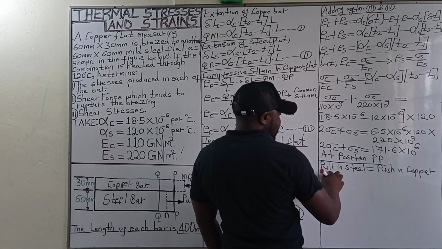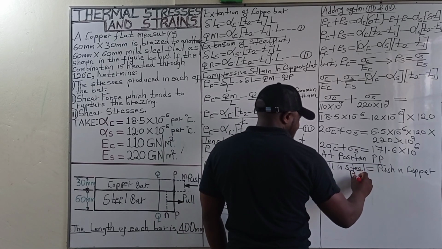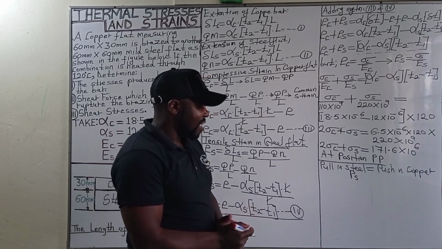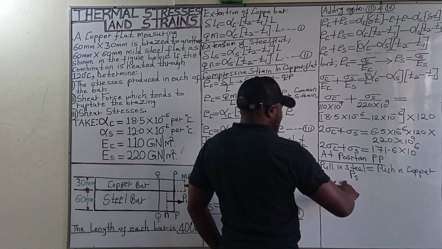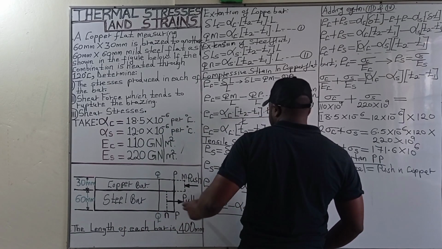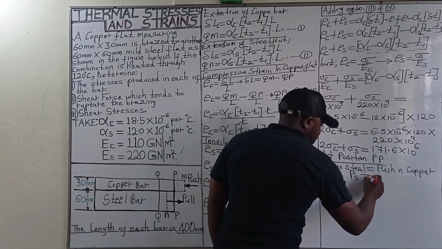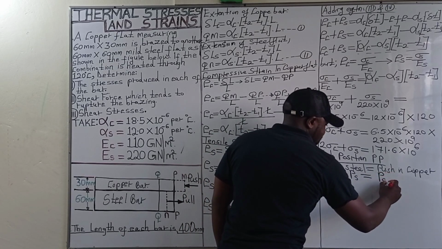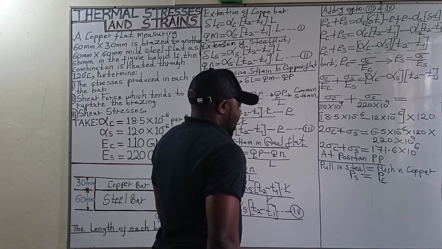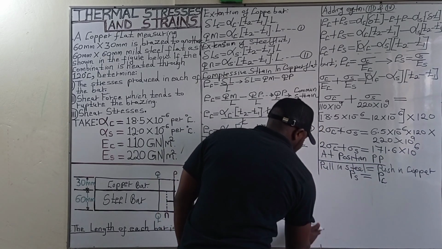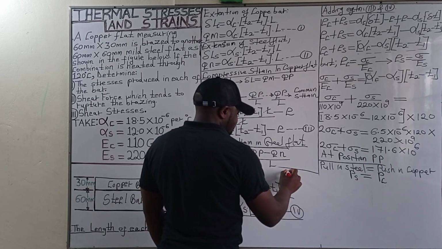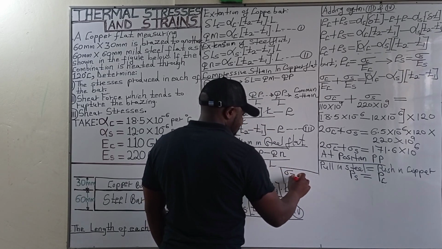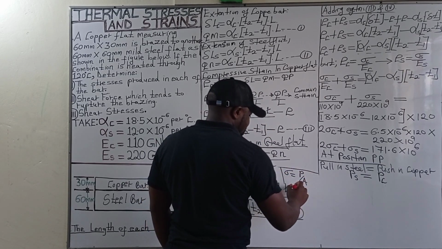And the push and the pull, these are forces. Therefore, the force that is pulling this steel is equals to the force that is pushing the copper, PC. And from this formula, we know that stress is given by load divided by cross-sectional area.